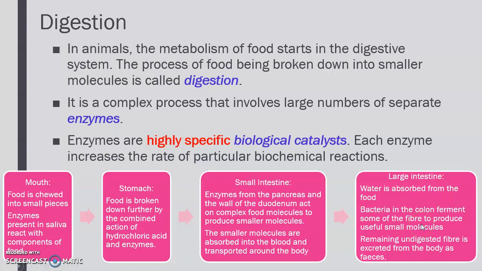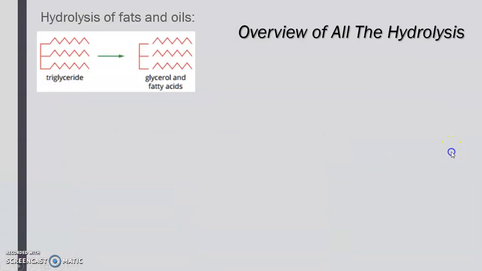Remember, our human body cannot digest cellulose. So cellulose is one of the fibers that will reach your large intestine. Some of the fibers can be utilized to produce smaller useful molecules, but the rest will be excreted from the body as feces. So that's the entire process of digestion.